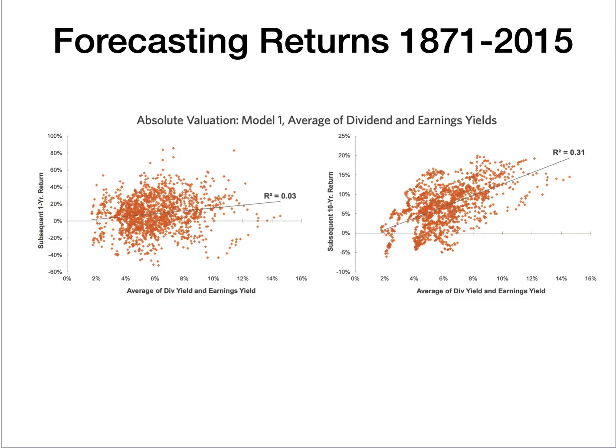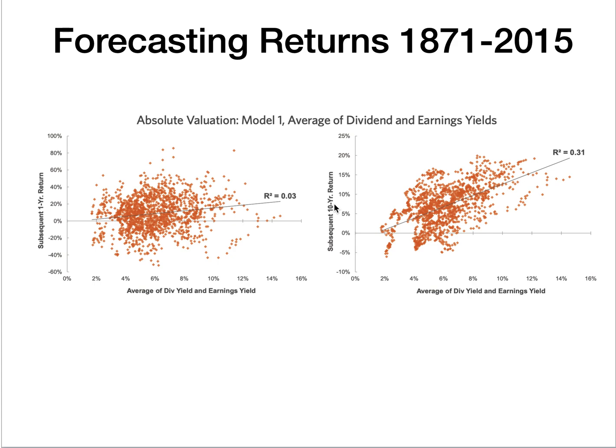Each time when they run a regression, they take an indicator, and that's on the x-axis. So one is an average of dividend yield and earnings yield. And they look at what happened to the subsequent return on the stock market over the next year, and what happened to the return on the stock market over the next 10 years.